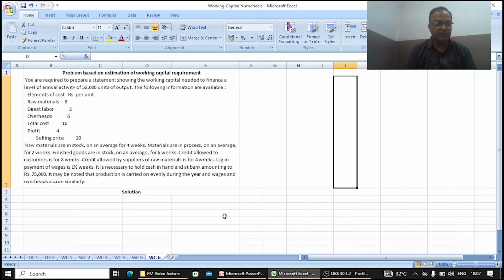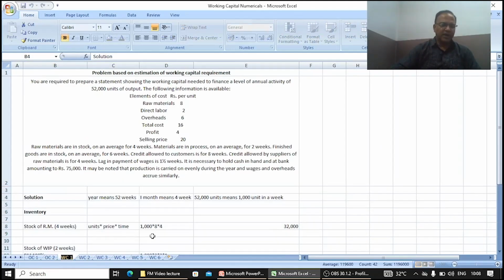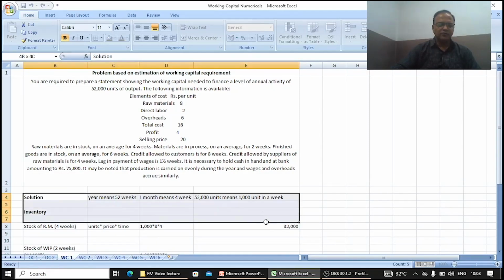It is necessary to hold cash in hand at bank amounting to rupees 75,000. Production is carried on evenly during the year and wages and overhead accrue similarly. So let's start again. To save time, I am copying the format.